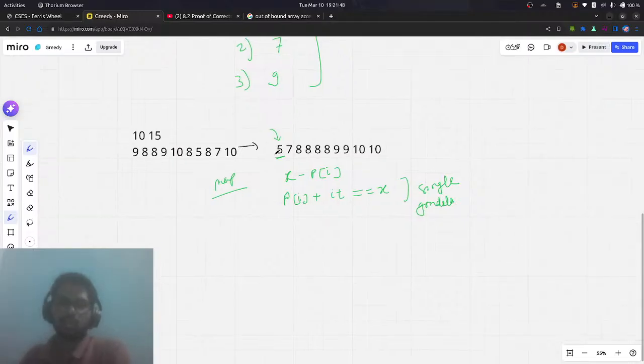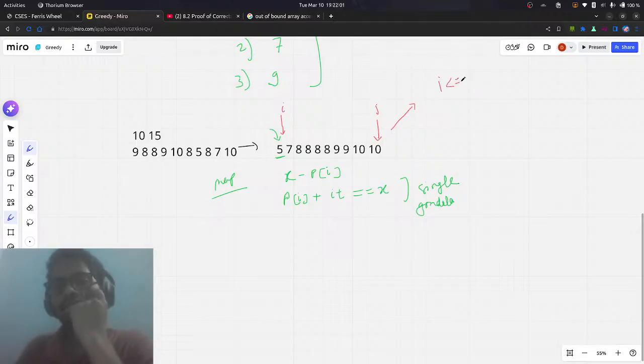Let's try this. Okay. So we have i here, j here. We will run the loop till i is less than or equal to j. Then we'll check if the i and j elements are less than or equal to x.